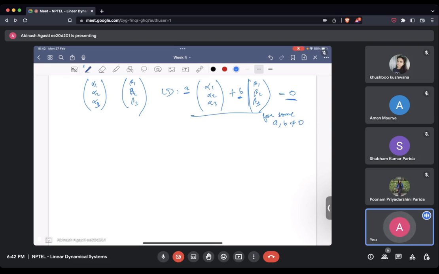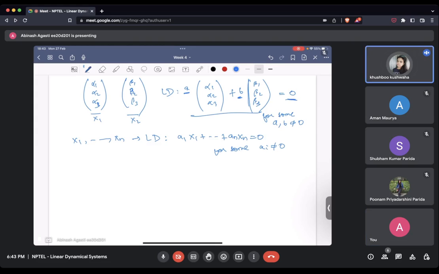If I have x1 till xn, then these n vectors are linearly dependent if there exist coefficients ai, not all zero, such that a1 x1 plus ... plus an xn goes to 0. It need not happen for all ai, but if there exists some ai not equal to 0 and the expression goes to 0, then the vectors are linearly dependent. Is the definition clear?